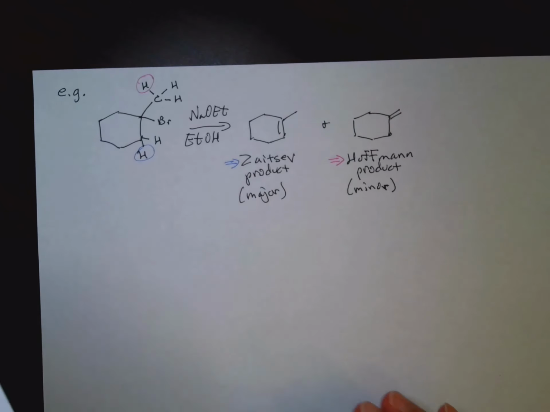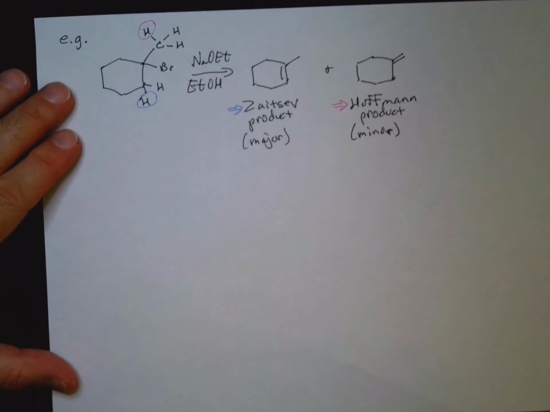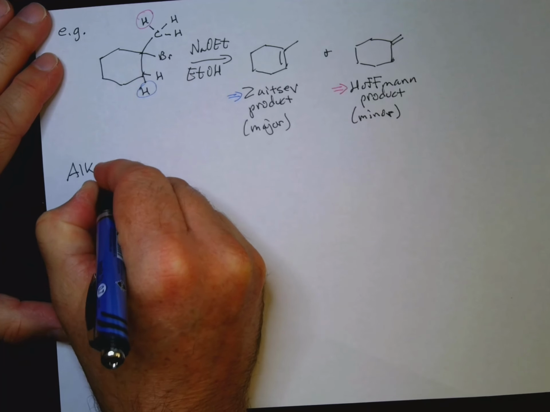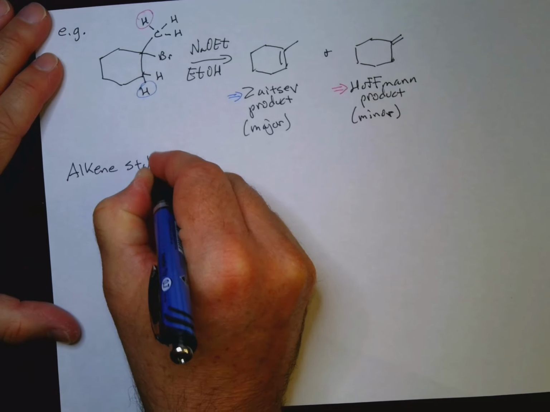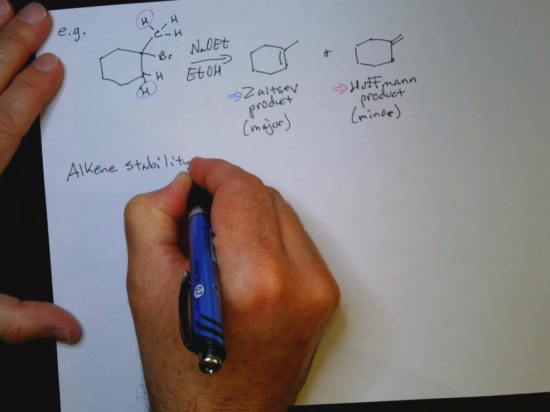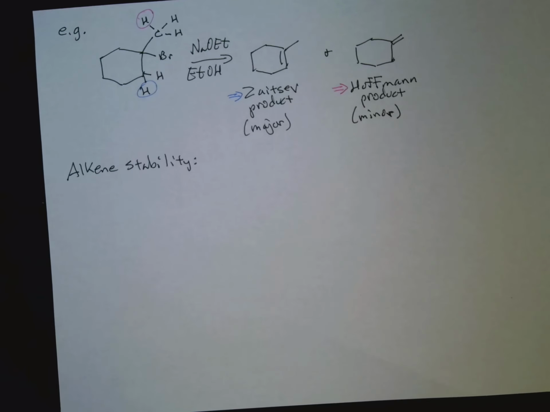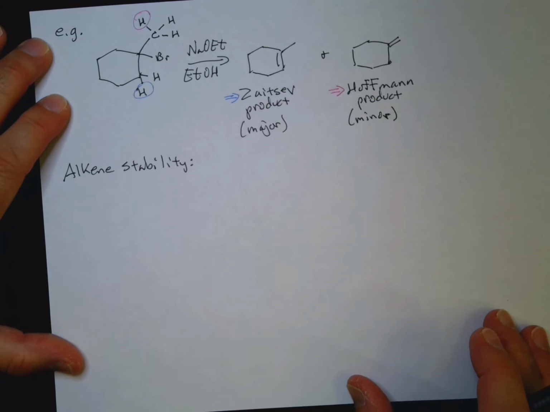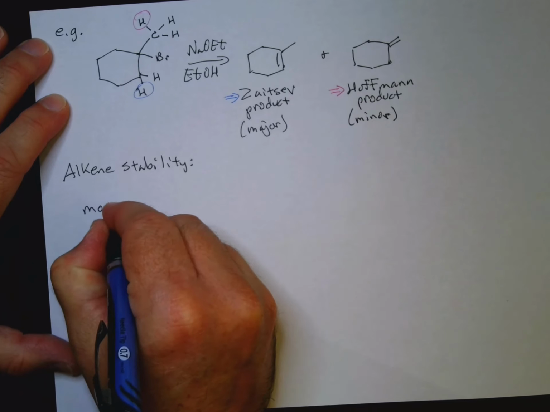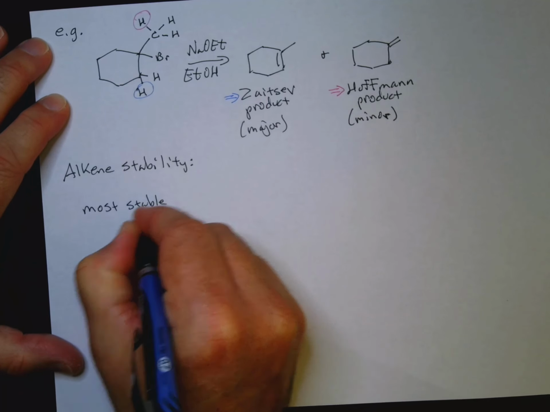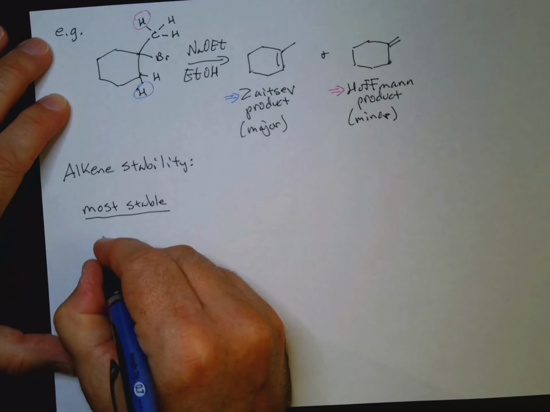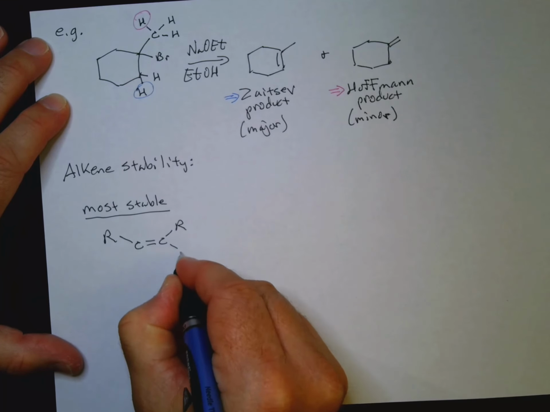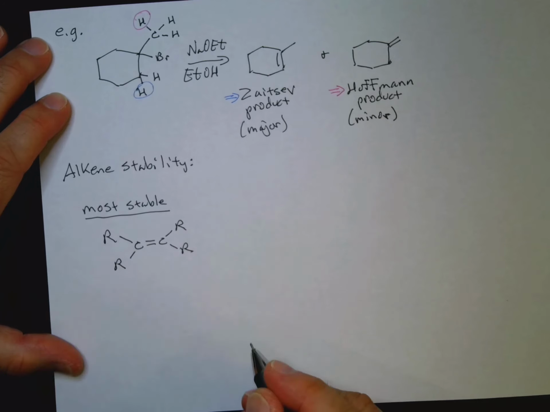So what makes a stable alkene? Well, simply put, the more substituents there are on the alkene, the more stable it is. So we could have something like a tetrasubstituted, which will be the most stable.